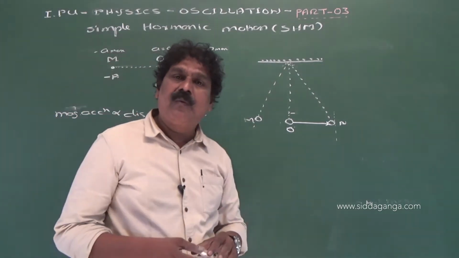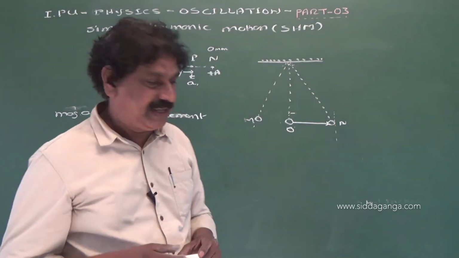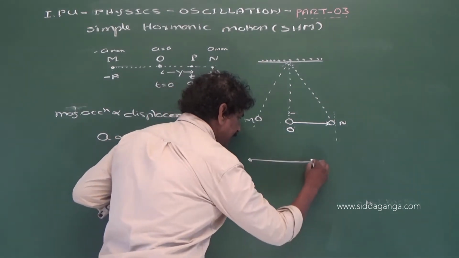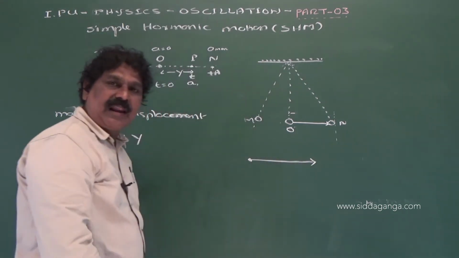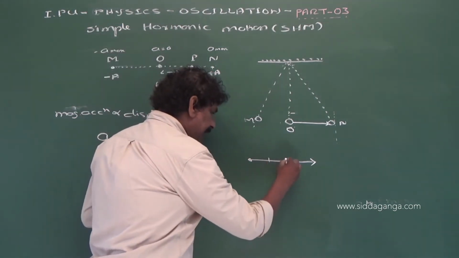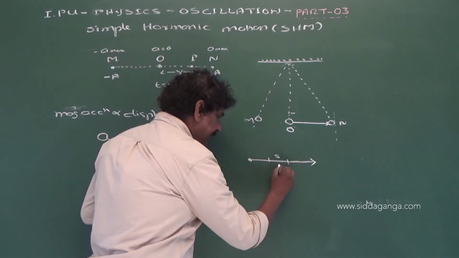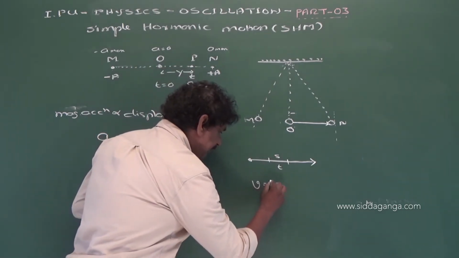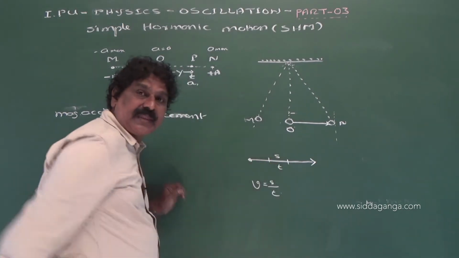Now, what is retardation? If a particle is moving along the positive x-axis, say, it covers a displacement s in time t, then its velocity is equal to s by t.